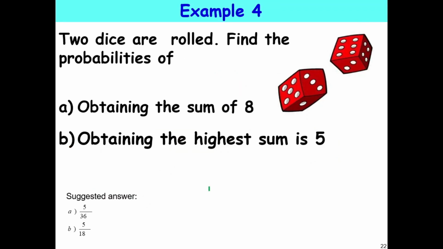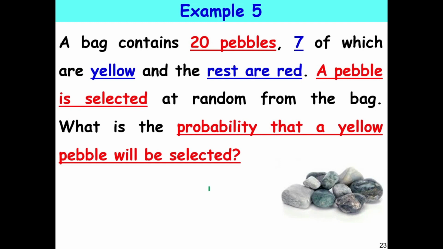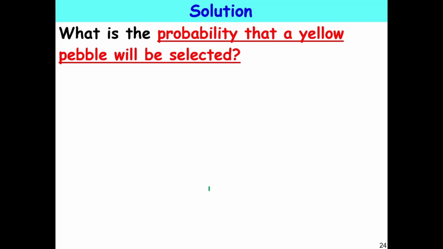I will leave example 4 for your own practice. Example 5. A bag contains 20 pebbles, 7 of which are yellow and the rest are red. A pebble is selected at random from the bag. What is the probability that a yellow pebble will be selected? So we are going to use the formula P of A equals N of A over N of S, where N of S is 20.